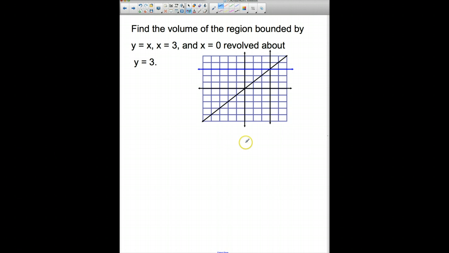Find the volume of the region bounded by y equals x, x equals 3, x equals 0, and y equals 3. So what's the region?